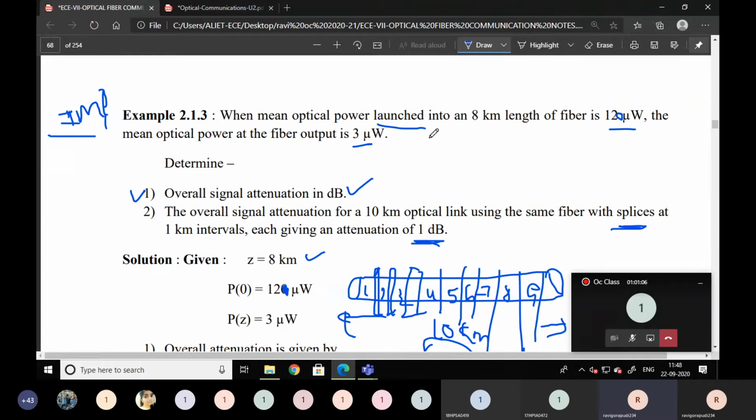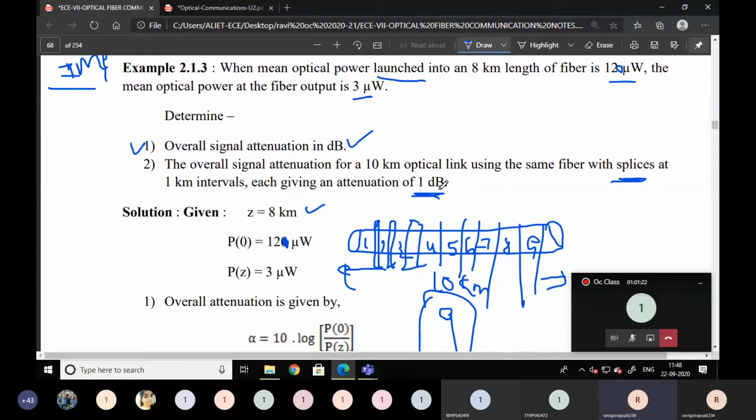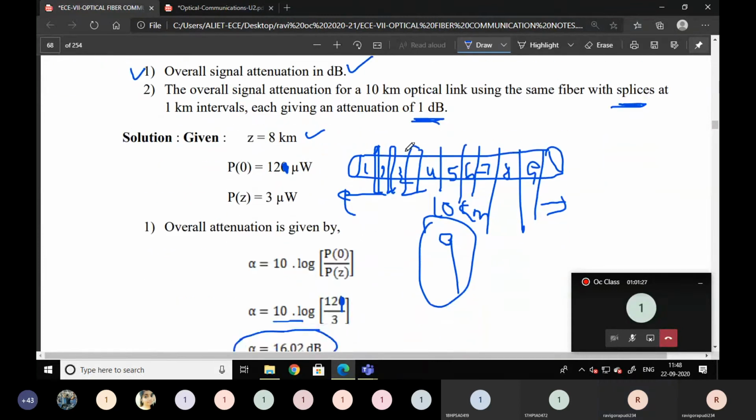In the problem there was a mistake, there is 120 microwatts. Input power is 120 microwatts, output power is 3 microwatt. Here we are using some connectors and splices, that's why the loss is more. We are getting only 3 microwatts power. All of you take that one as 120 microwatts launched power.